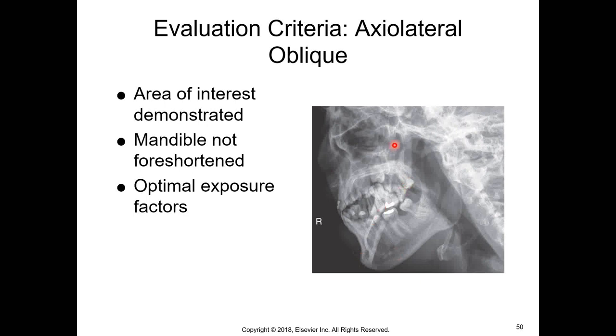They look really nice. So you can see here that the angles are not superimposed on each other. So here's one angle, the body, the mentum, and then here comes the other angle going up this way. The mandible isn't foreshortened, meaning it's not scrunched together, and you want to have optimal penetration so that you can see nicely everything that you need to see on the radiograph.